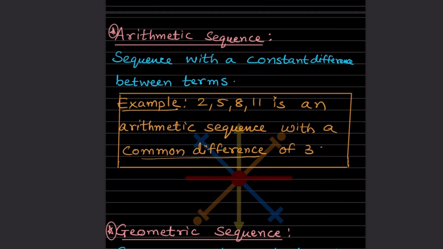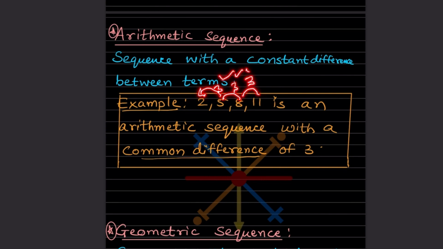Now we'll go for another important one, the arithmetic sequence. It is a sequence with a constant difference. Difference means what you get when you subtract between terms. Now when I write 2, 5, 8, 11: 5 minus 2 is 3, 8 minus 5 is 3, 11 minus 8 is 3.